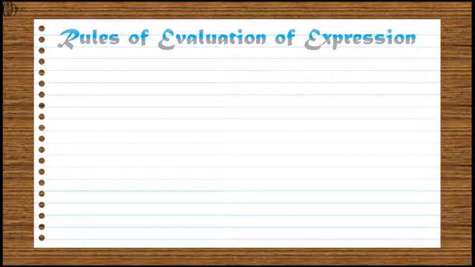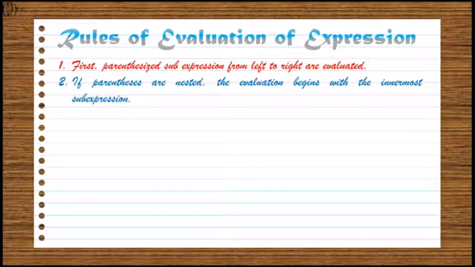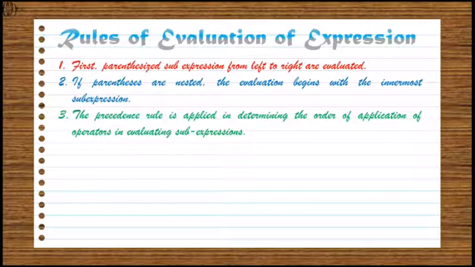Now we will see the rules of evaluation of expressions. First, parenthesized sub-expressions from left to right are evaluated. Second, if parentheses are nested, that is one parenthesis inside another parenthesis, the evaluation begins with the innermost sub-expression. Third, the precedence rule is applied in determining the order of application of operators in evaluating sub-expressions.